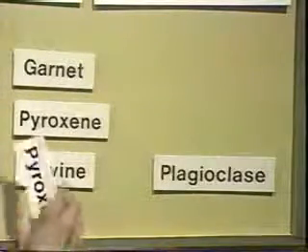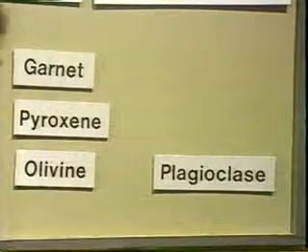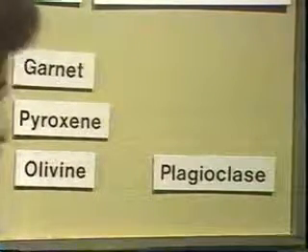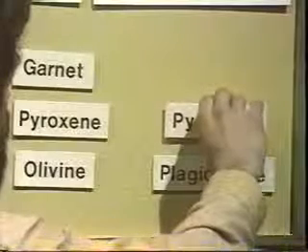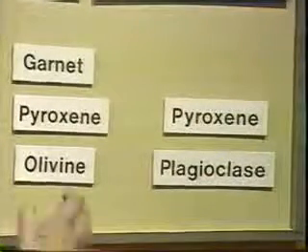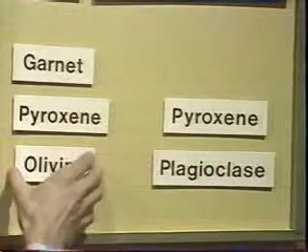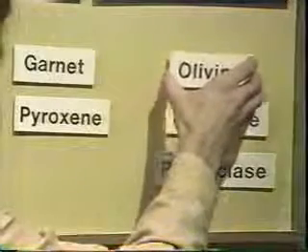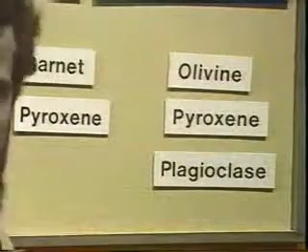The pyroxene, having lost some of its sodium and calcium, when it eventually melts and then crystallizes again, forms a different pyroxene. The olivine, although it doesn't actually behave in detail like this, you can regard as having simply melted and recrystallized again.